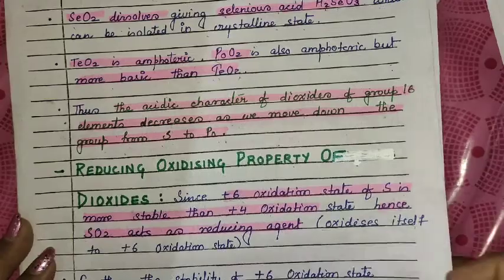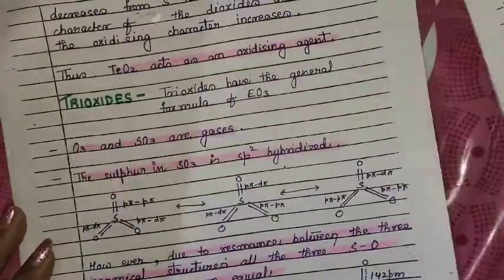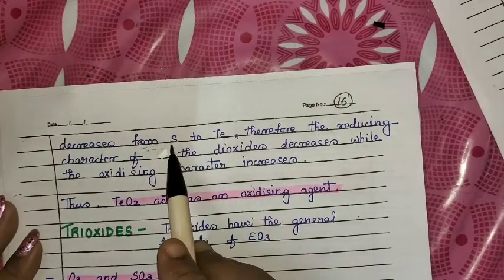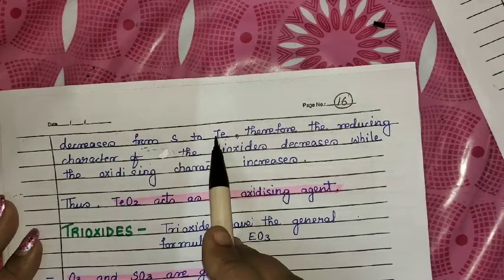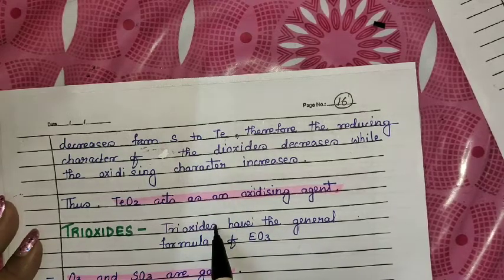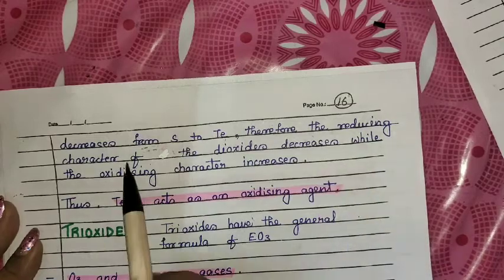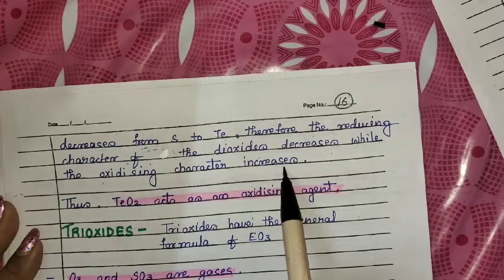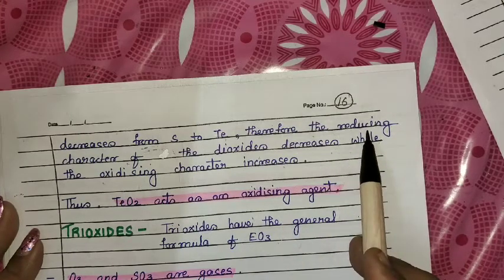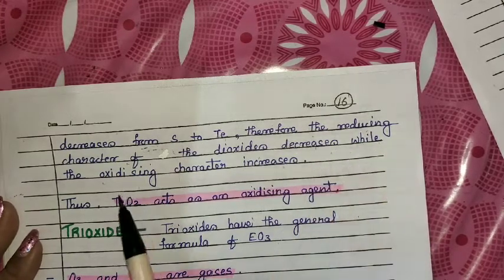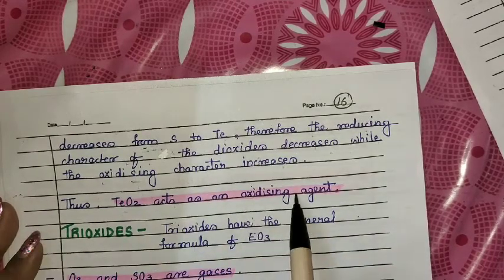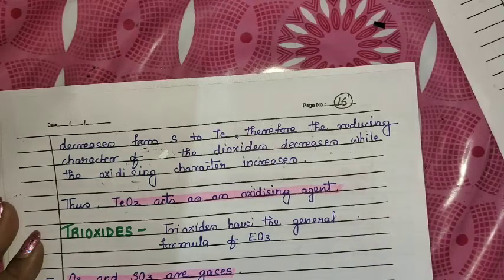Further, the stability of +6 oxidation state decreases from sulfur to tellurium because of the inert pair effect. Therefore, the reducing character of the dioxides also decreases, while the oxidizing character increases. These two are vice versa. If the reducing character decreases, certainly the oxidizing character will increase. TeO2 in fact acts as an oxidizing agent.